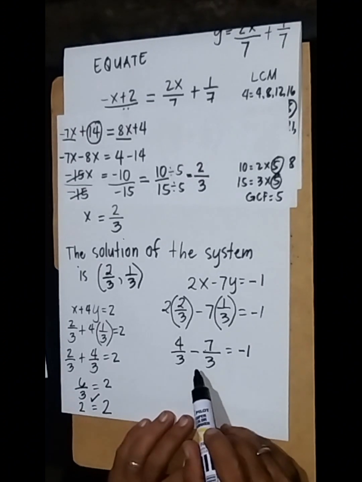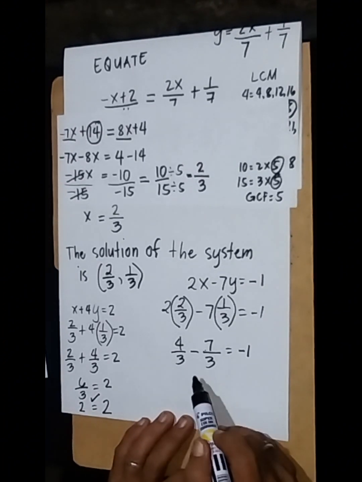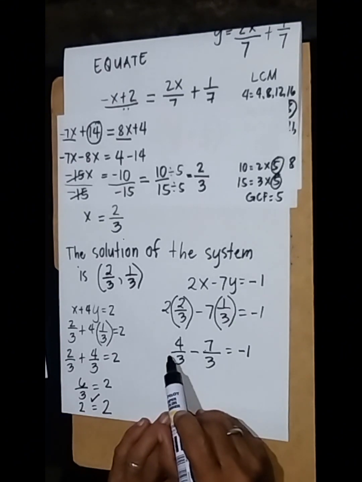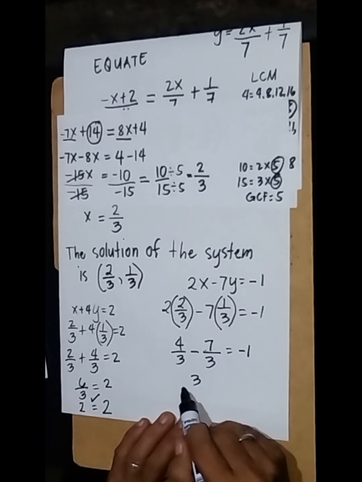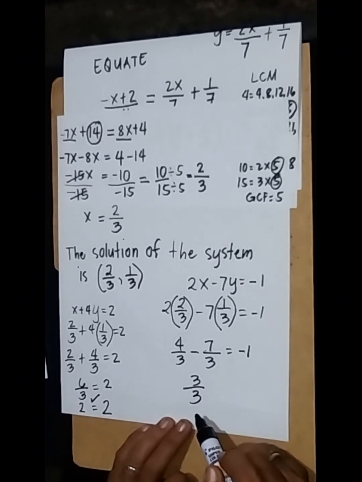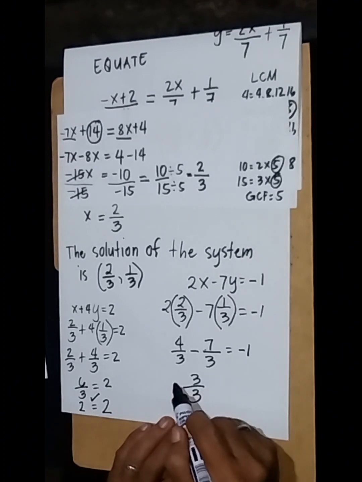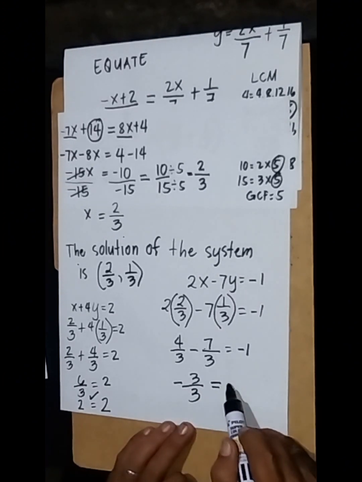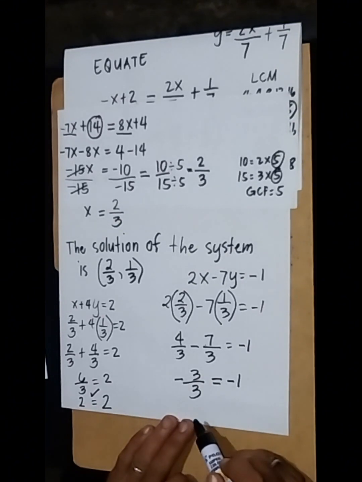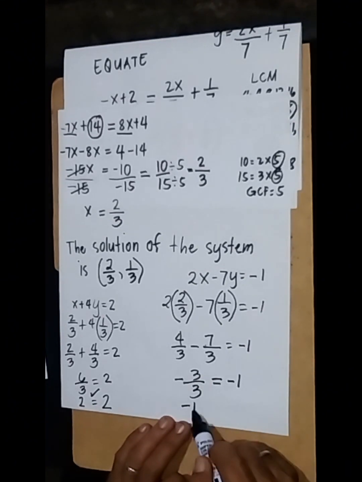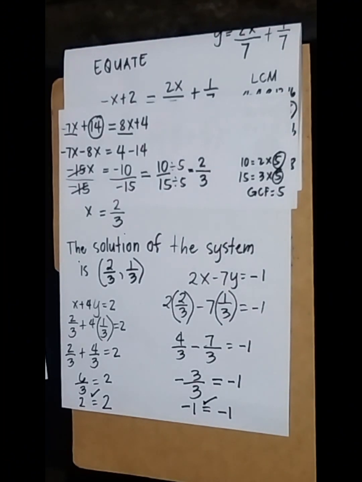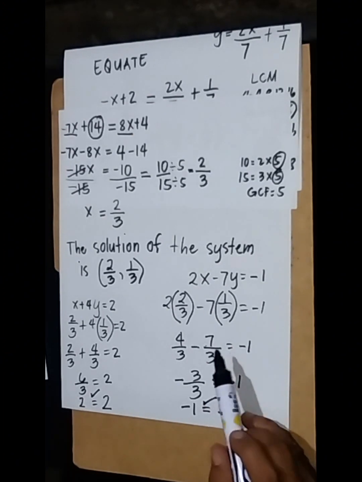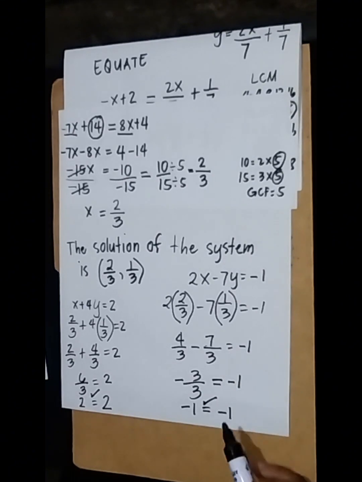Now we add the similar fractions, or we subtract, because they have unlike signs. This is positive and this is negative. So, 7 minus 4 is 3 over, copy the denominator, 3. We bring the negative sign. So, negative 3/3 is equal to negative 1. So, the statement of our system in equation 2 is true.